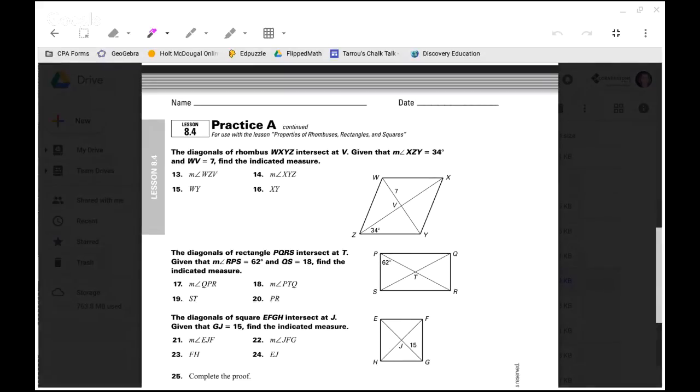Okay, Devin, so for number 16, what do we know about the angle formed by those diagonals?